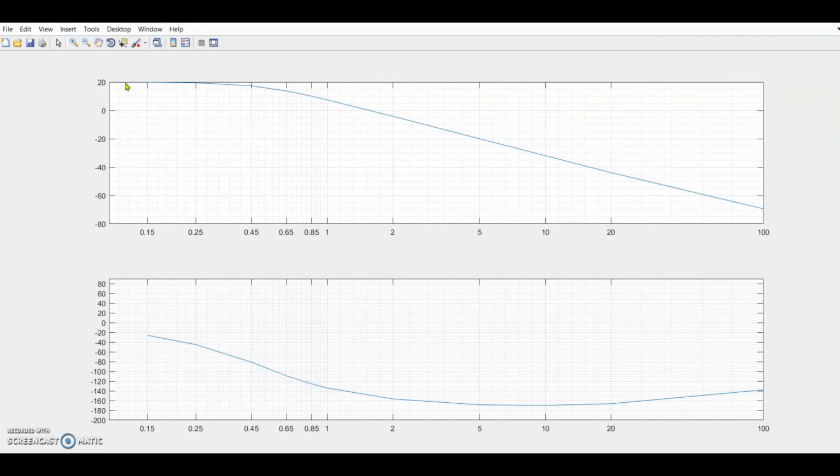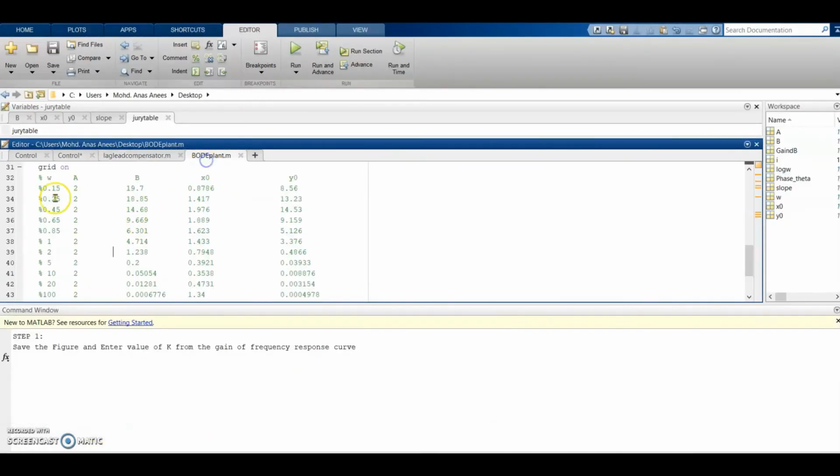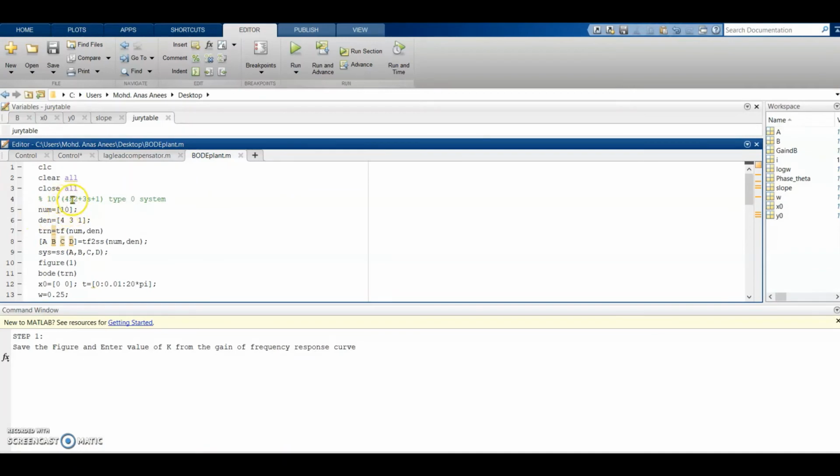Type 2 system will be 1 by s square, and type 1 system will be 1 by s. In our system here, this is 10 divided by 4s square plus 3s plus 1. That means there is no such term like 1 by s here. So this is a type 0 system.